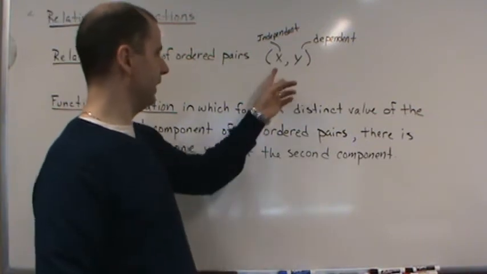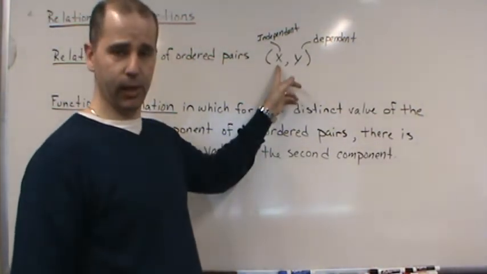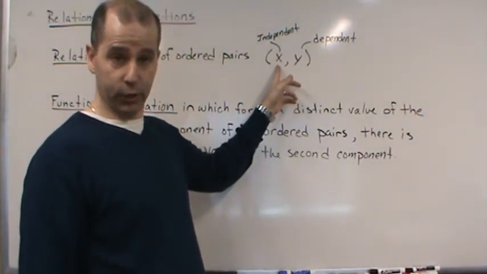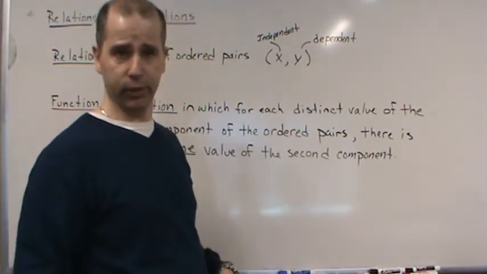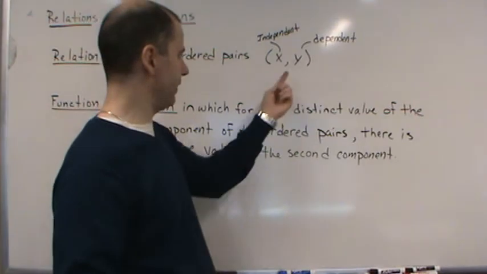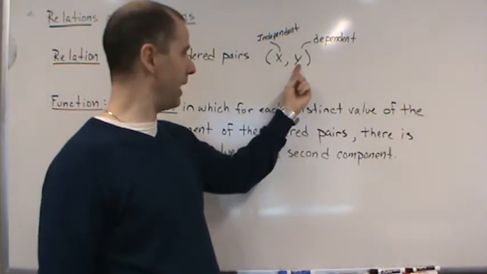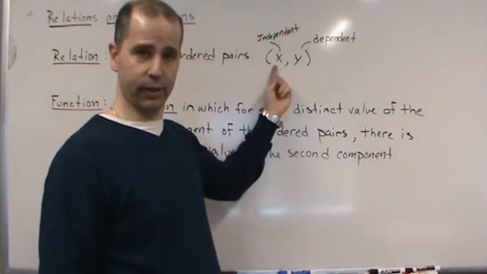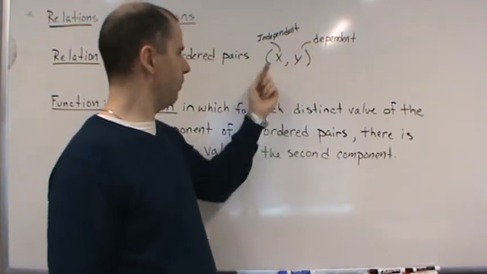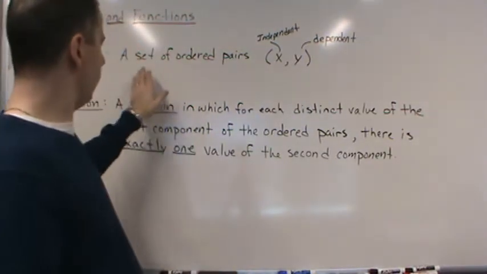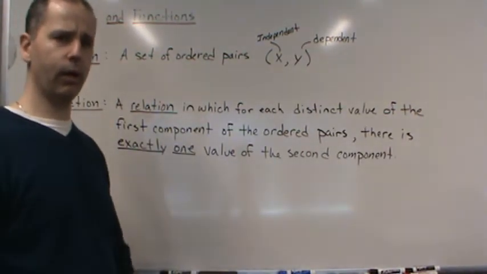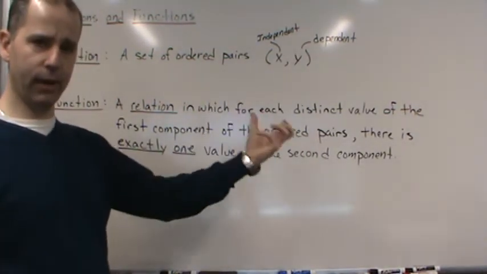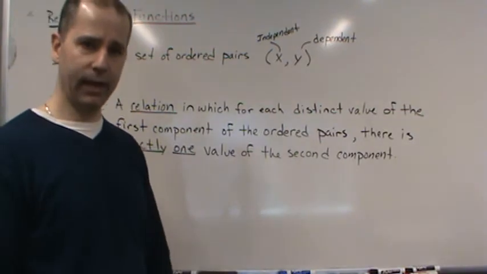So x in that case is the amount of gas you're filling your car up with, and the y variable is how much money you're going to pay. How much money you pay is dependent on how much gasoline you put into the tank. So any set of ordered pairs that has that kind of relationship, where you have one value dependent on another value, is a relation.